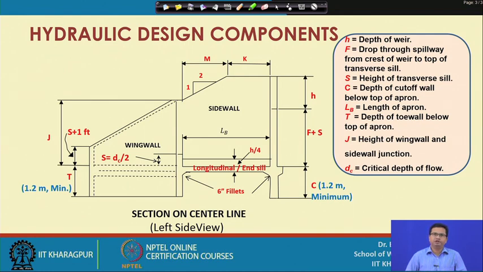This value is provided generally to avoid any piping failure of the hydraulic structure. The longitudinal and end seal is given as small h divided by 4, and S, that is the height of the transverse seal, is equal to DC by 2. DC is the critical flow depth.